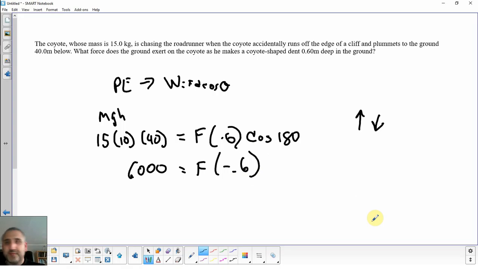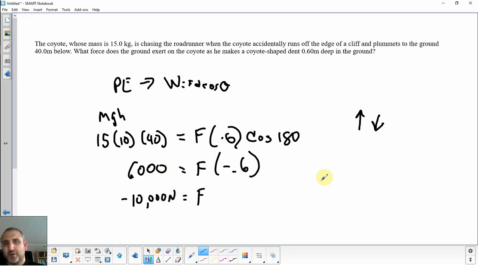So 0.6 times cosine 180 is negative 1 times 0.6. That's why it's negative 0.6. So then we've got to divide both sides by negative 0.6. 6,000 divided by negative 0.6. A force of negative 10,000 newtons.